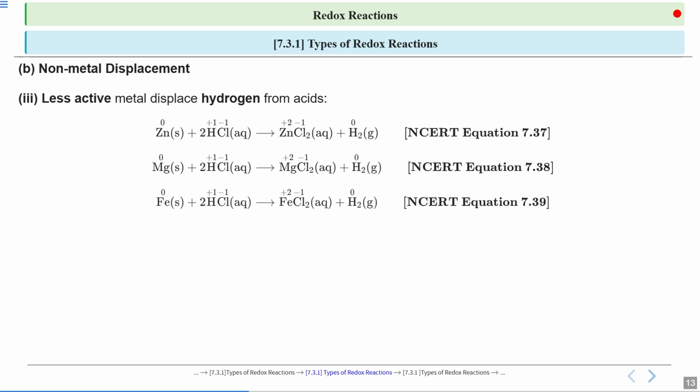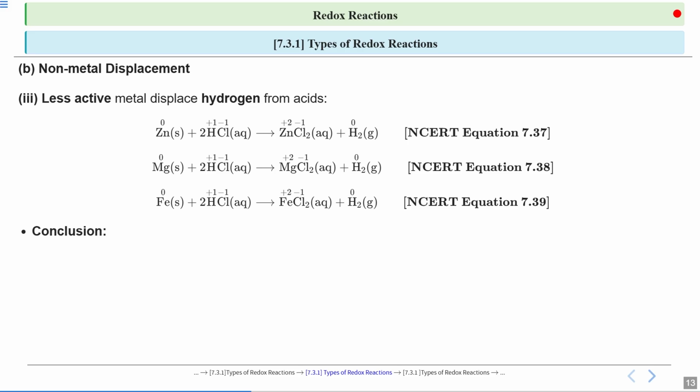And the reaction of iron with HCl forms FeCl2 plus H2. In all these three equations, 7.37 to 7.39, hydrogen gas is produced. So these are the main reactions used to produce hydrogen gas in the laboratory. Okay?